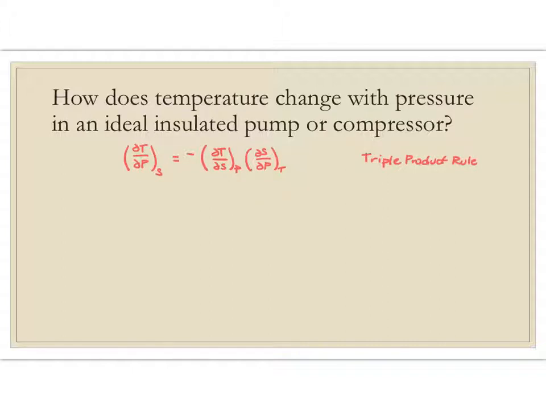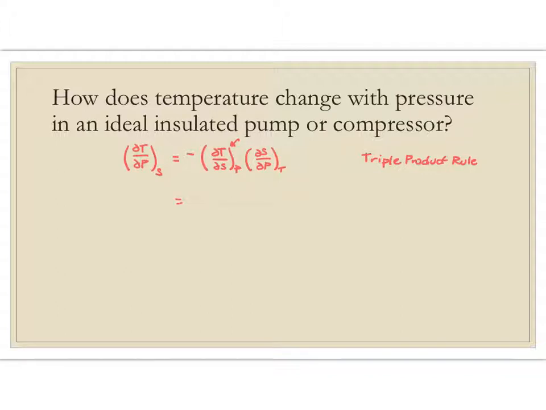The next thing that I would like to do is really get rid of the entropy. Entropy is always sort of a problem. And so the way that I can do that is first to use the reciprocal rule so that I have S in the numerator on this expression.